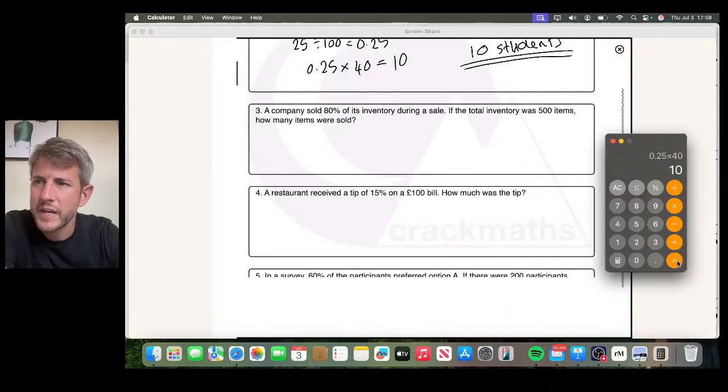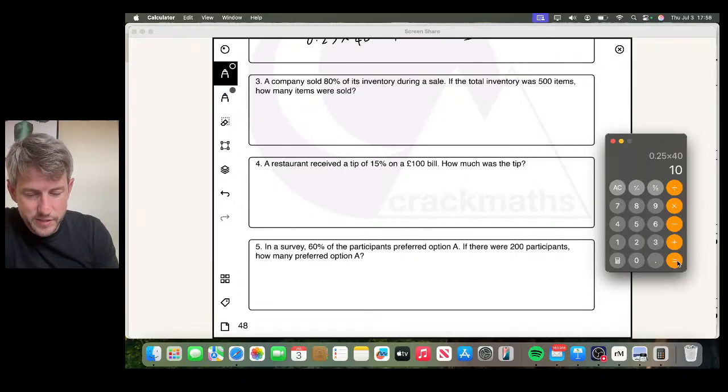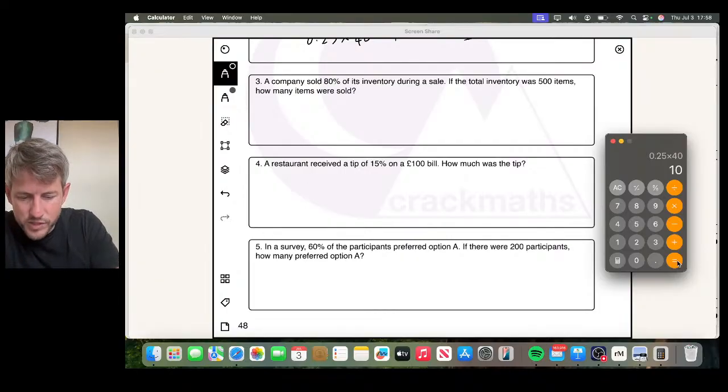Okay, question 3. We've got here, a company sold 80% of its inventory during a sale. If the total inventory was 500 items, how many items were sold? Okay, so 80% of its inventory was sold during the sale. So we want 80% of 500. So again, we'll just do 80 divided by 100 equals 0.8.